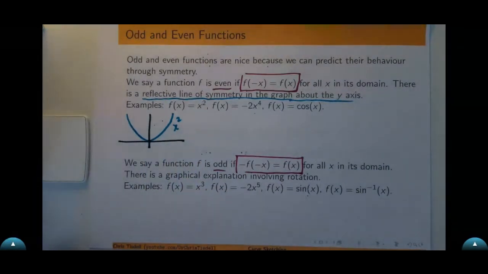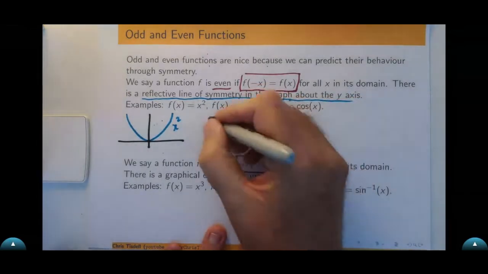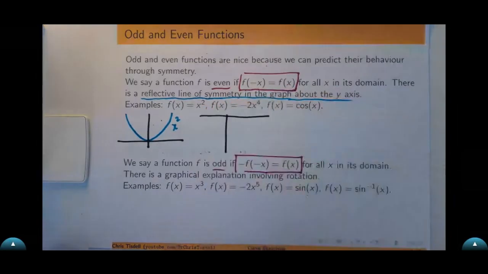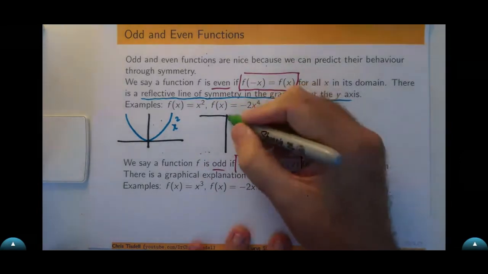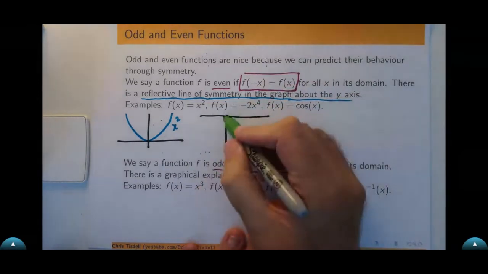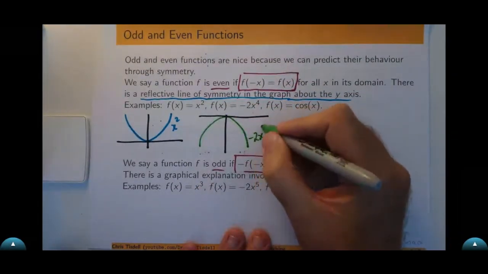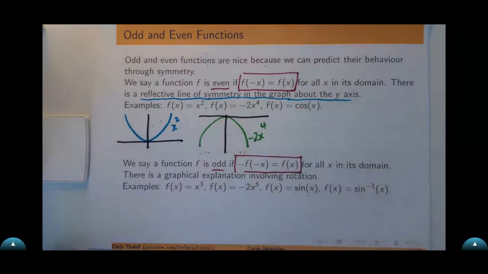What about another one? Well, negative 2x to the power 4. You can draw that. It's going to look something like that, and you just reflect the other half over. Cosine x.